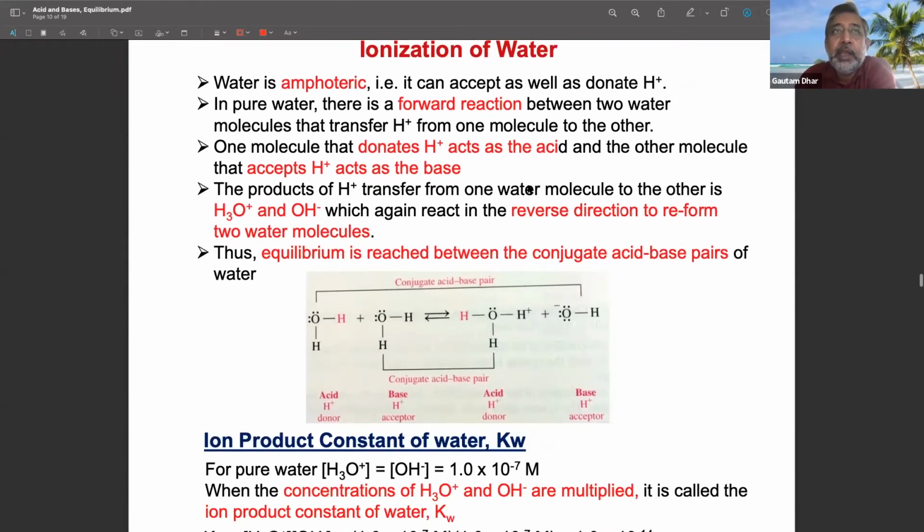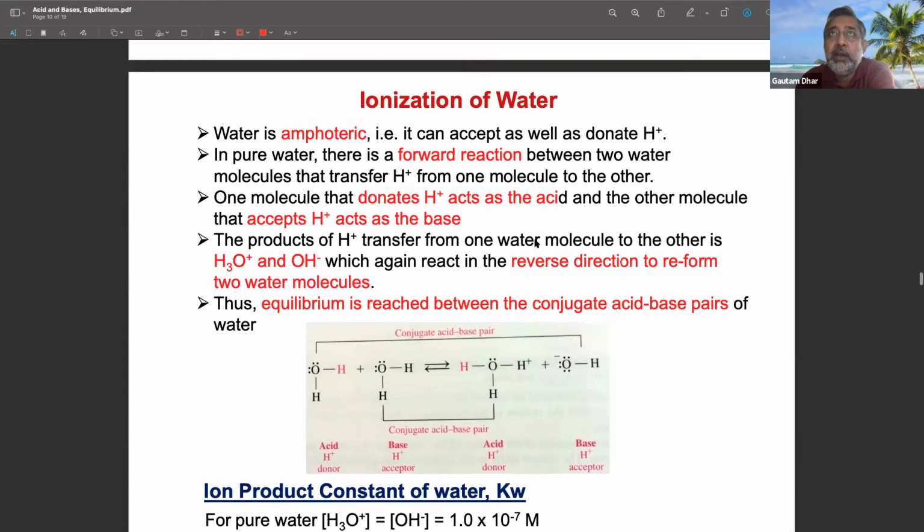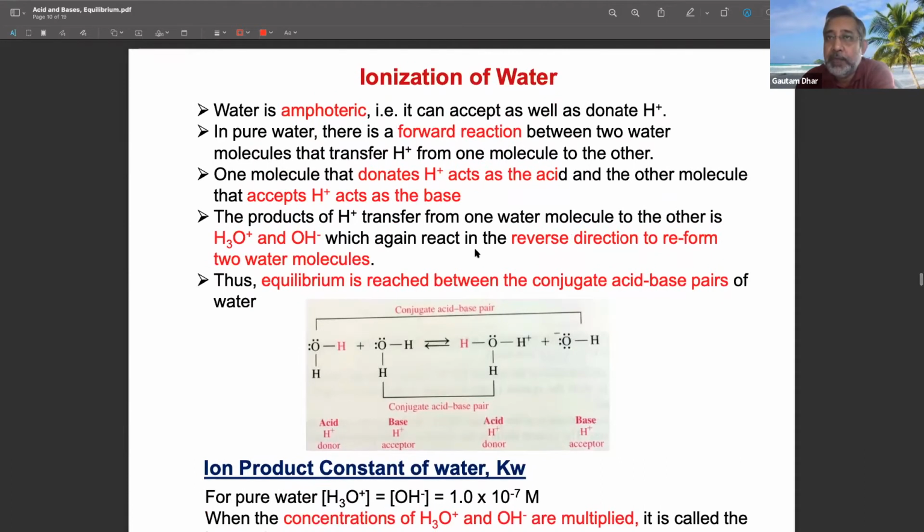So water itself will have some amount of hydronium ion and some amount of OH minus ion, equal amount, 1:1, all the time, and this is in equilibrium. So water itself acting as an acid and a base forms this. This is called the ionization of water.